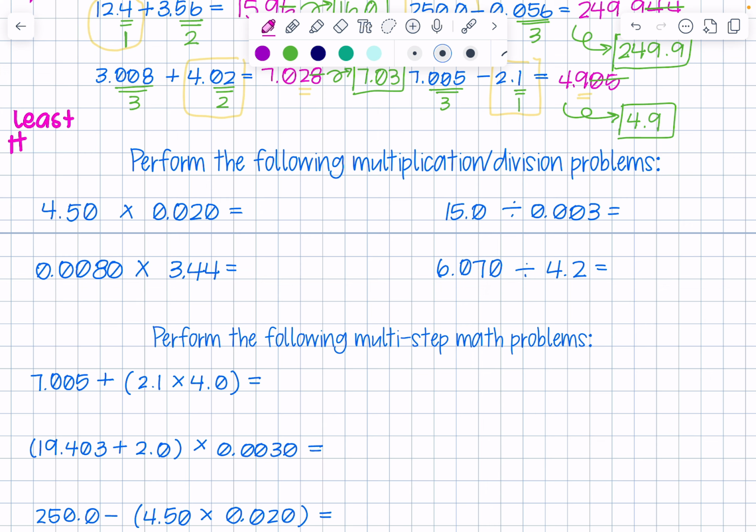So least number of sig figs from the problem. All right, so this first question, 4.50 times 0.020 gives me 0.09.